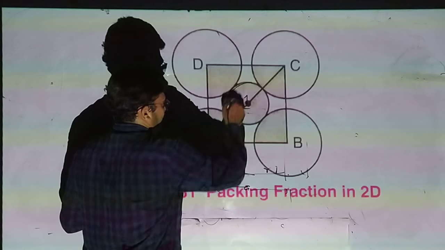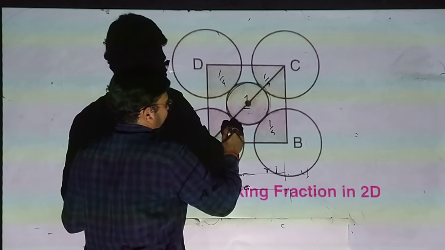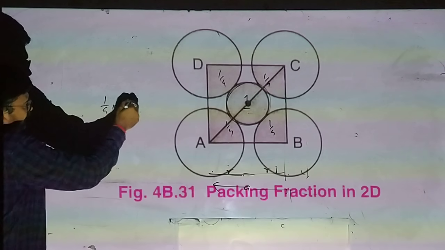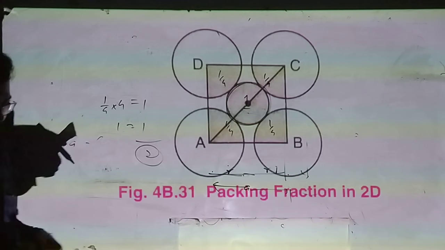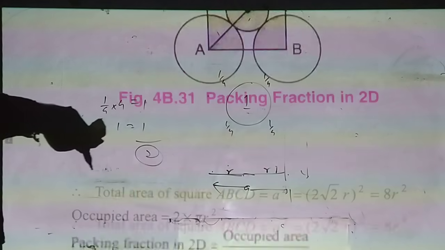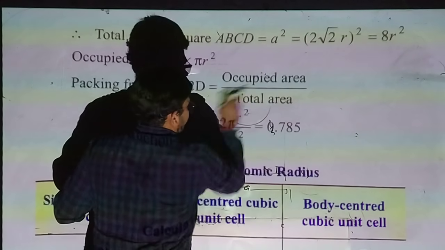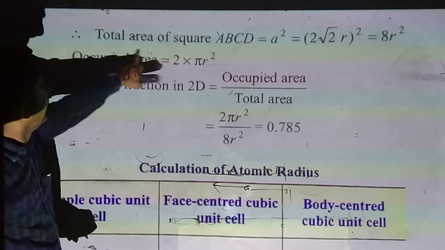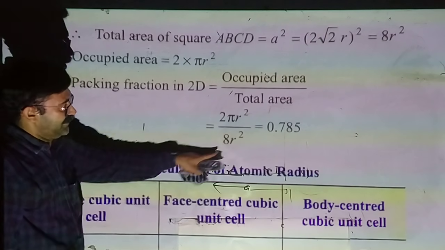The corner circles contribute 1 by 4 each, which sums to 1 full, plus 1 full from the face, so 2 circles. 1 circle has area pi R square, so 2 circles have 2 pi R square. So the occupied area by the circles is 2 pi R square, and the area of square ABCD is 8R square.